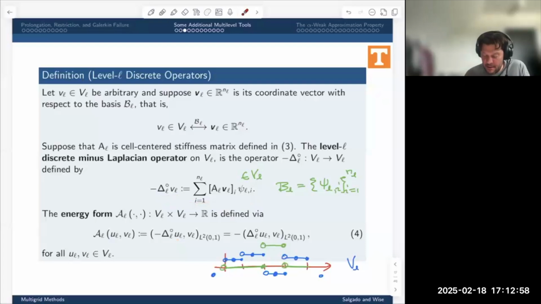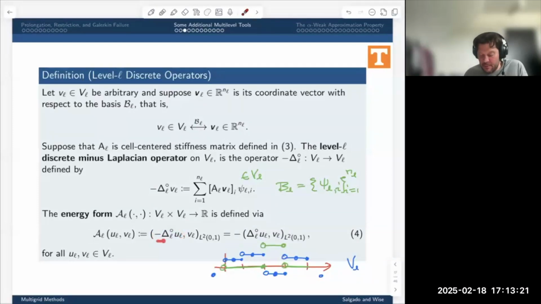Okay, no problem there. So that gives me a piecewise constant function, which I'm going to label. Actually it's not with VL though, it's with UL here. So apply the discrete minus Laplacian operator to that UL. That gives me a new function, which is also a piecewise constant function.